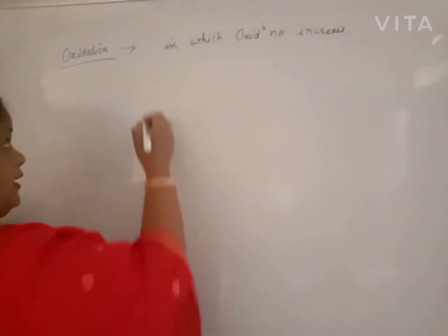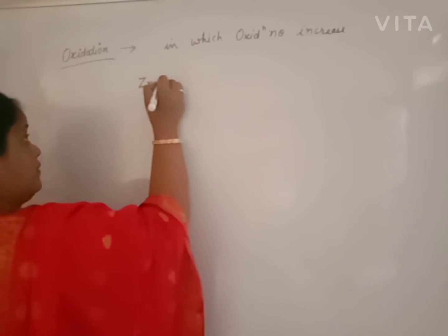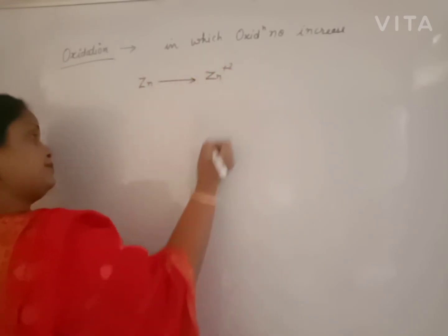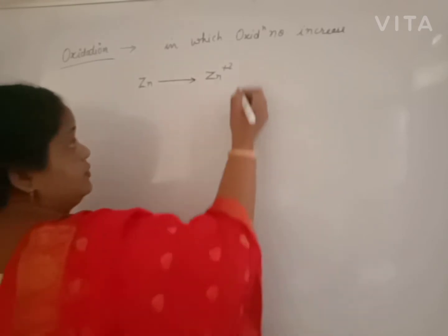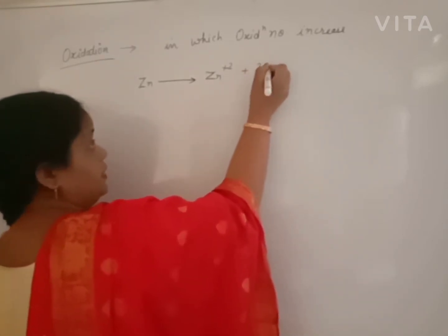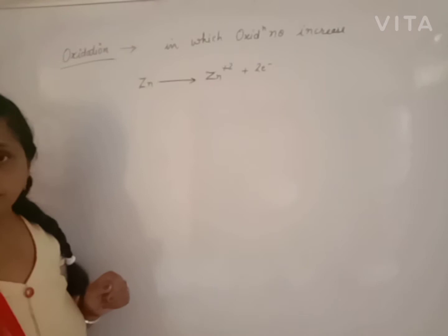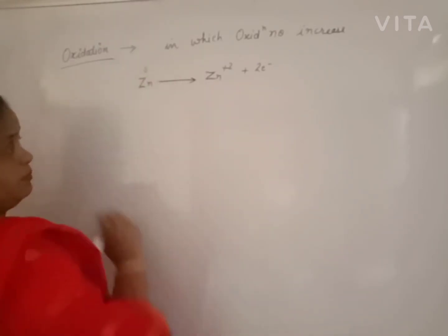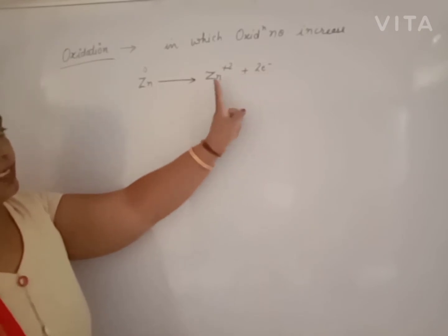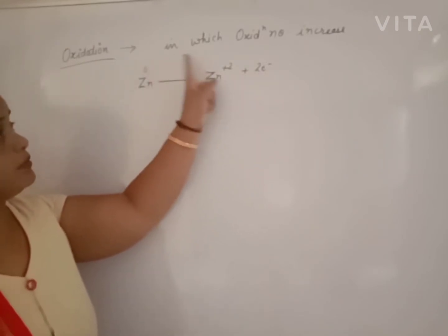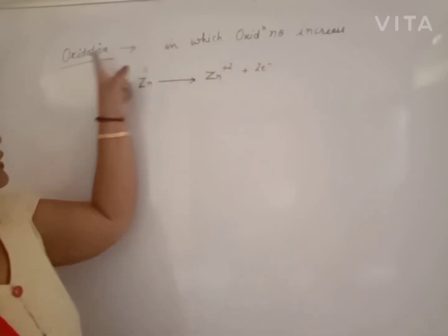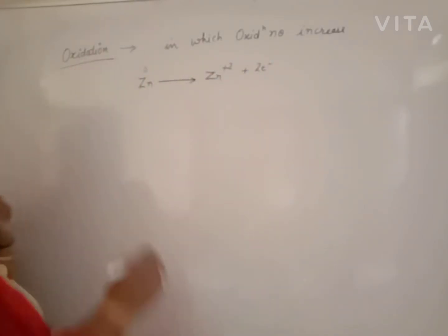Suppose we have zinc. After the reaction, it has a charge of +2 by loss of 2 electrons. Loss of electrons is oxidation, or in terms of oxidation number, it has 0 oxidation number, and after loss of electrons it has +2. That means the oxidation number increased. If the oxidation number increases, it is known as oxidation.